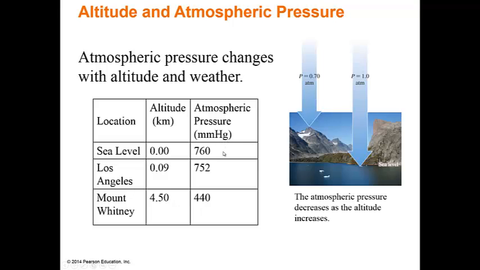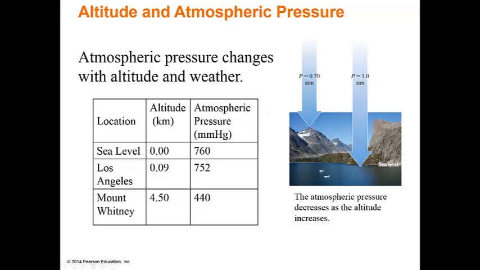Los Angeles has an altitude of almost 0.1 kilometers, so it's up higher, and you can notice that the atmospheric pressure drops. Mount Whitney, which I assume is in the Rocky Range, I didn't look it up, only has an atmospheric pressure of 440 torr. Now, why did I say torr instead of millimeters of mercury? Because they're directly equivalent.